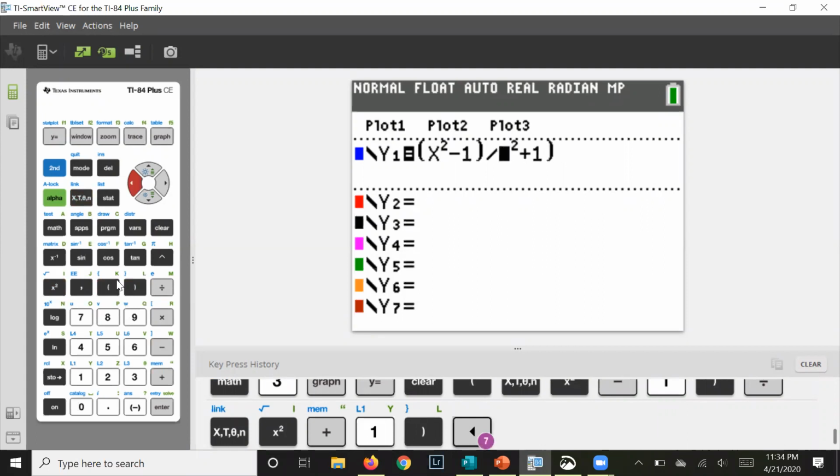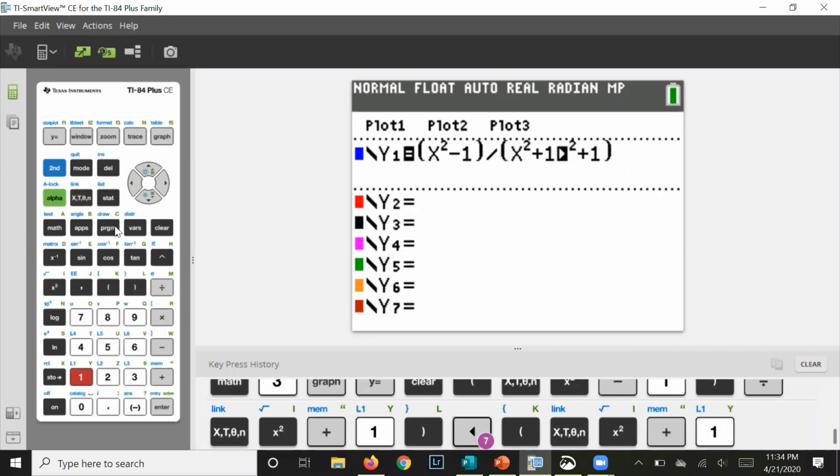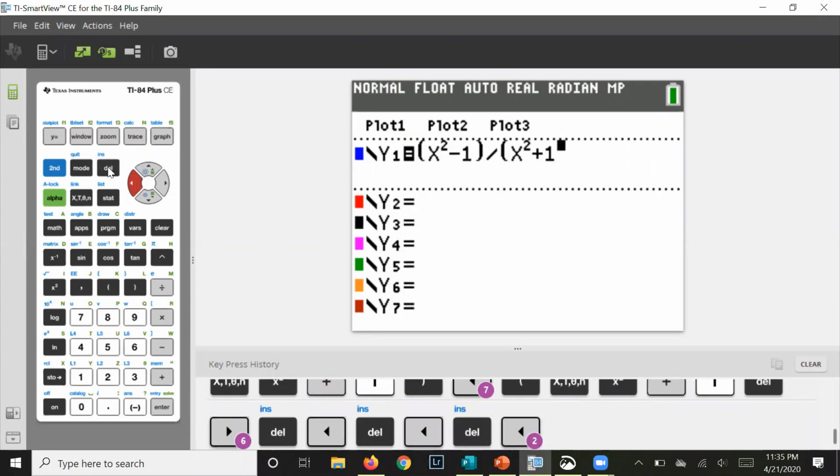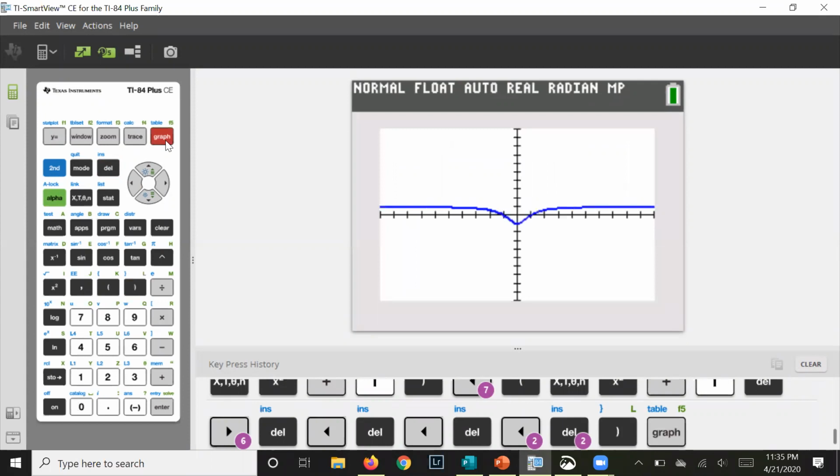I, of course, forgot a set here. x squared plus 1. Okay, there we go. We'll graph this. So we get a function that looks like that.